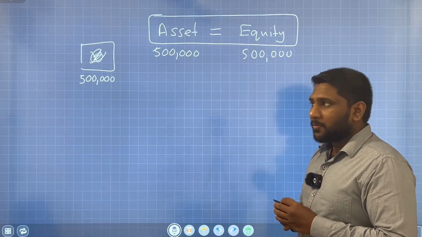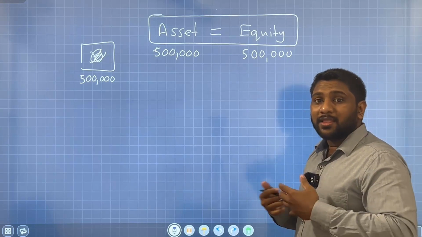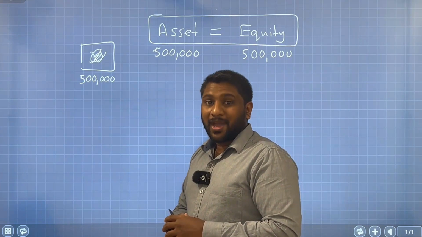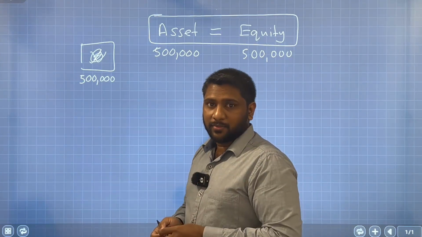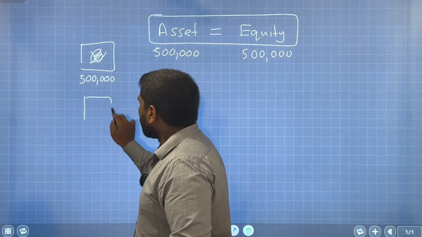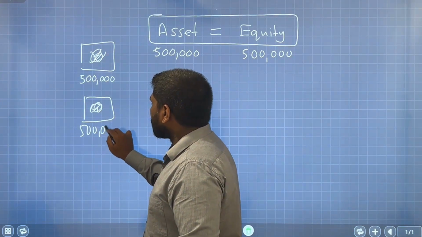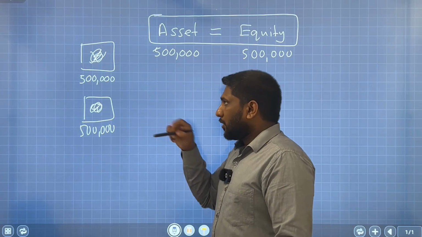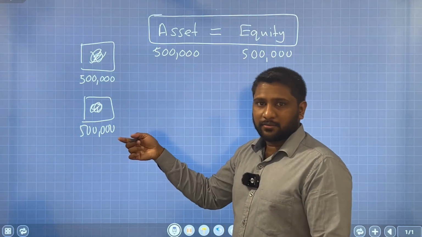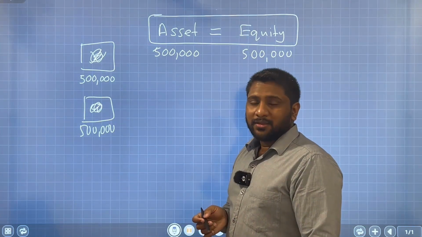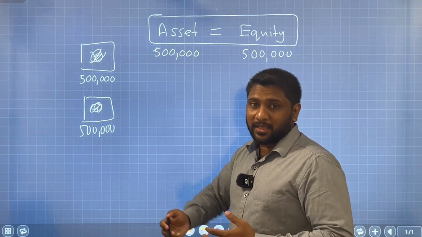Now let me take one more adjustment. Now what I am doing? I am going to buy another machine. This machine is not enough for me. I need another machine. So that machine value also, this is the second machine. That machine value also 500,000. Now this machine I bought it using my own money. But to buy this machine, this time I don't have money.